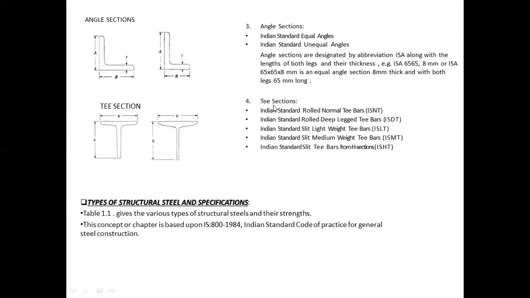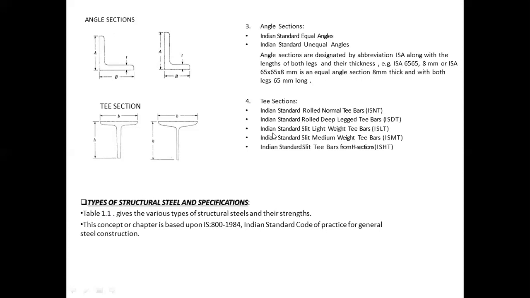Okay, so Indian Standard Rolled Normal T bars ISNT, Indian Standard Rolled Deep Leg T bars ISDT, Indian Standard Slit Lightweight T bars ISLT, Indian Standard Slit Medium Weight T bars ISMT, Indian Standard Slit T bars from H sections ISHT. So these are the types of T bars in the various dimension modifications.